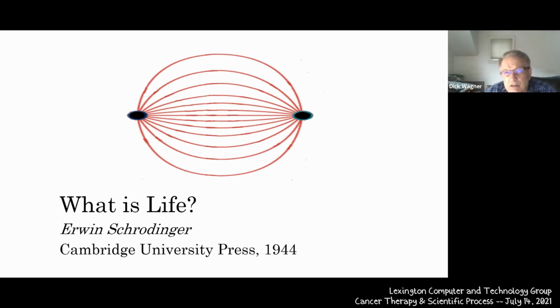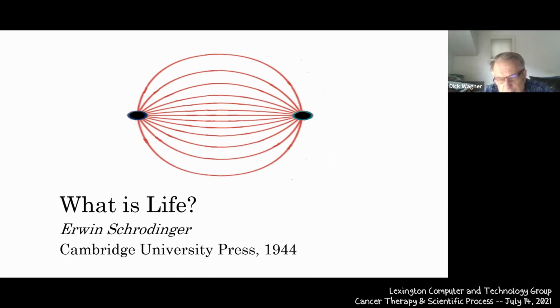In the past 10 or 15 years, I've picked the book up. I still have it. I picked the book up and read it again with the knowledge that I now have acquired in biology. And it's a very interesting book. A lot of the assertions, a lot of the statements that he makes in here, a lot of speculations are, if not incorrect, they lead in the wrong direction.